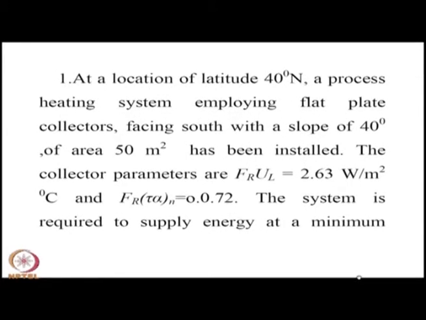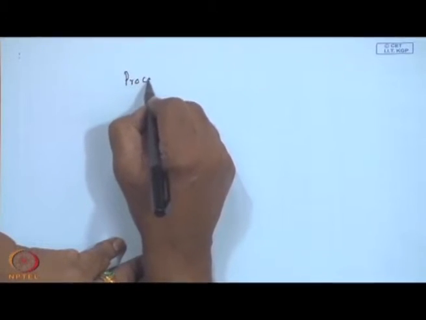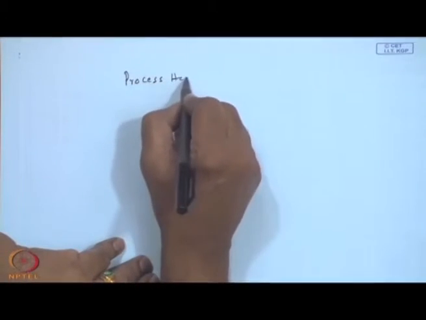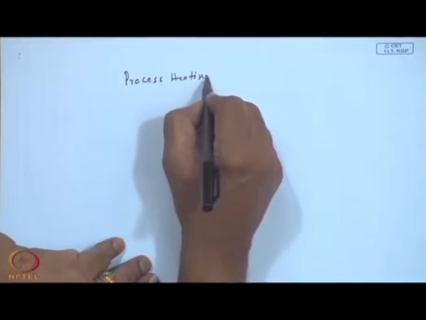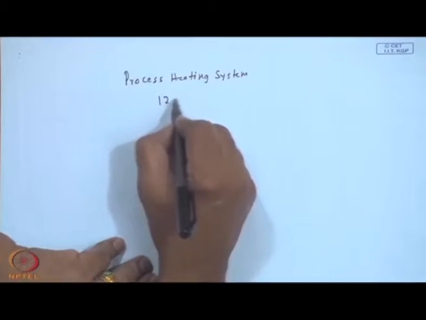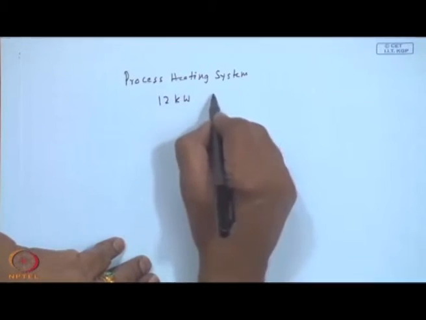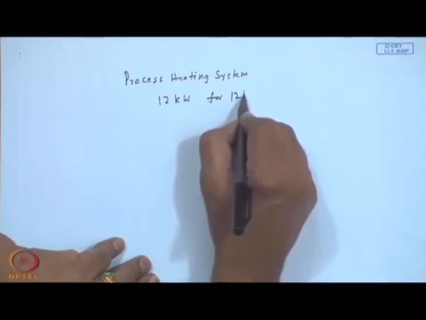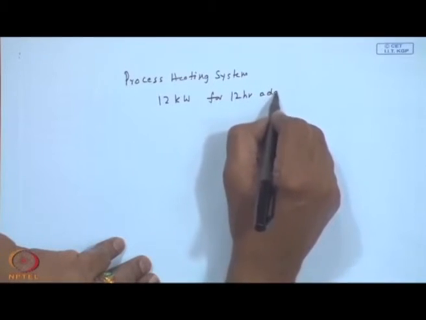We were trying to find out the phi bar F chart calculation for a process heating system supplying 12 kilowatts of energy for 12 hours a day.